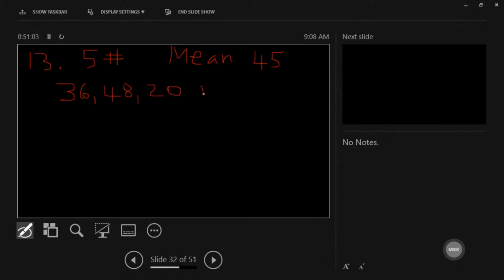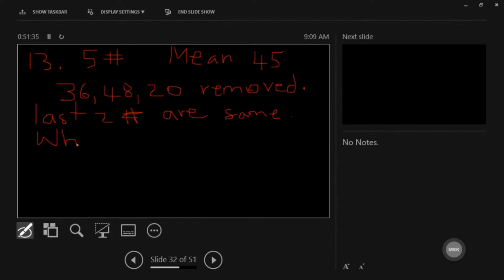So these numbers are removed. Okay. So if the last 2 numbers are the same, so what are those numbers? The 2 numbers that are left, but they are the same number.